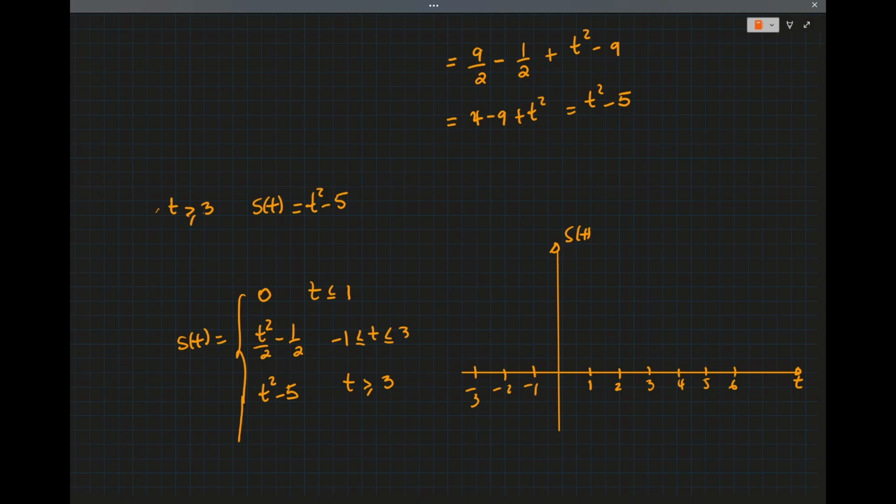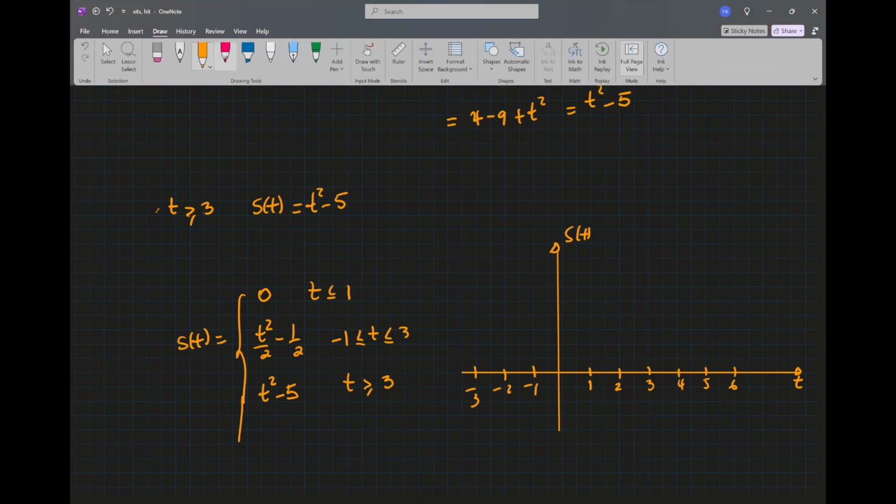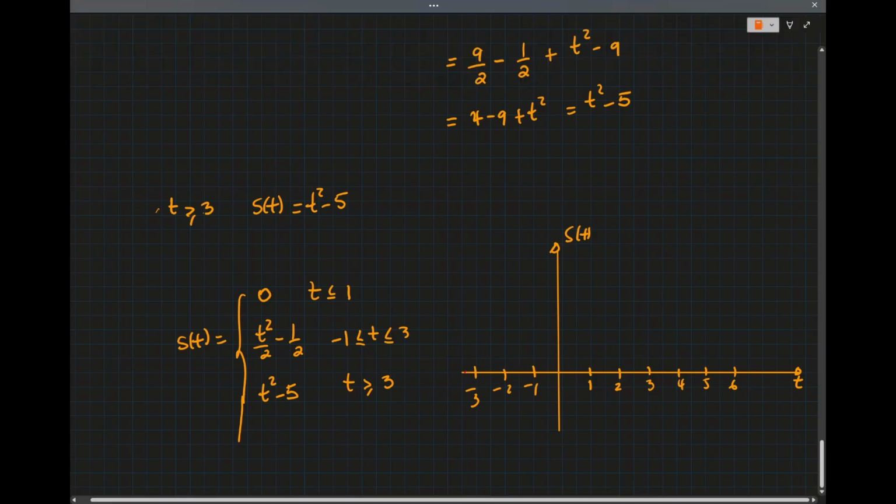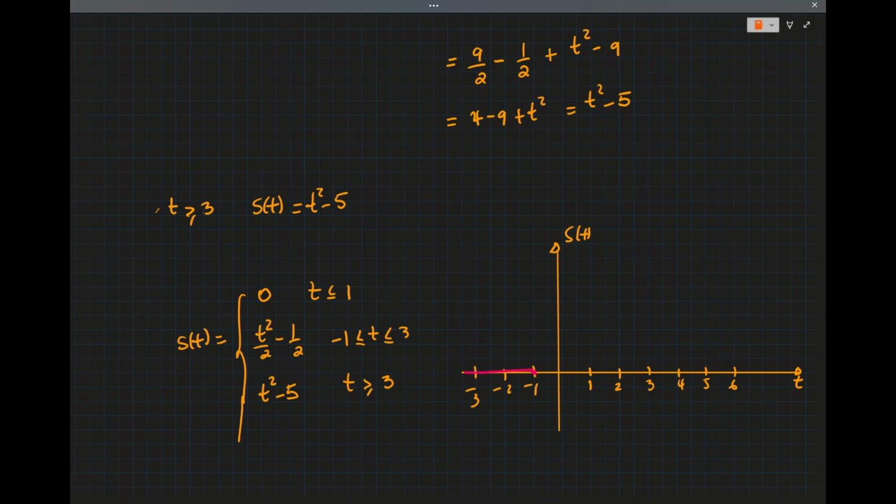So at t equal to -1, the function is equal to 0. So x of t is 0 up to here, and it's a parabola that's gonna go that way.